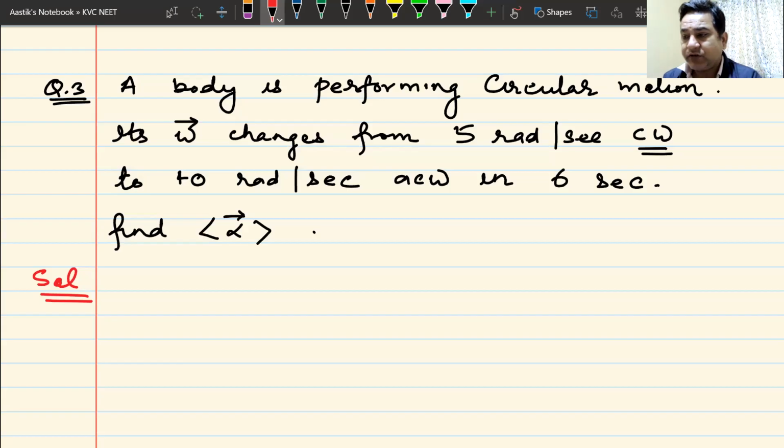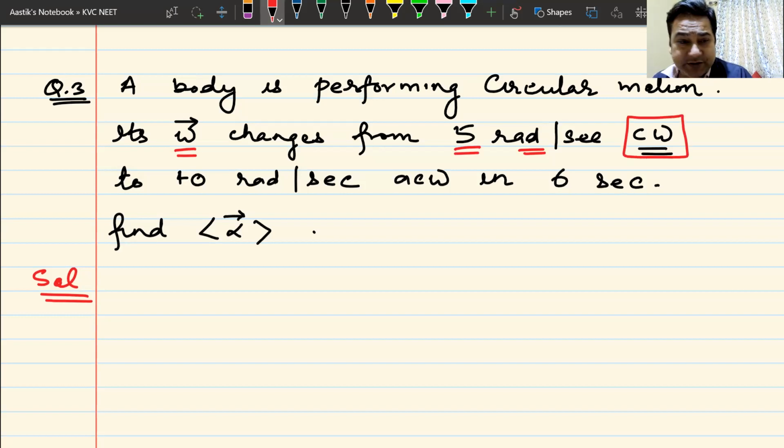That takes us to the next question, and the next question looks like this. The question is on your screens right now. Very simple question. A body is performing circular motion. Its angular velocity is changing. At some point in time, it is 5 radians per second, and the direction is clockwise.